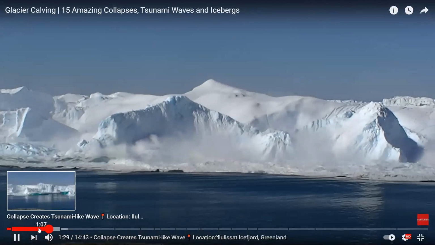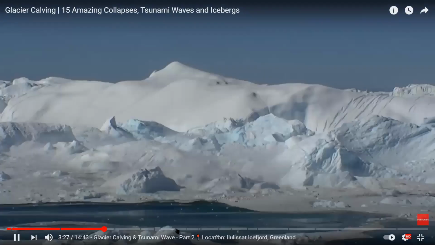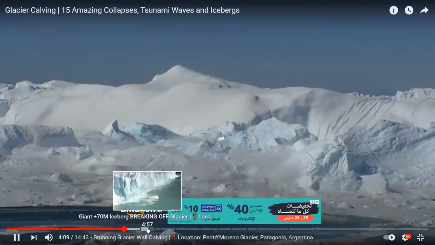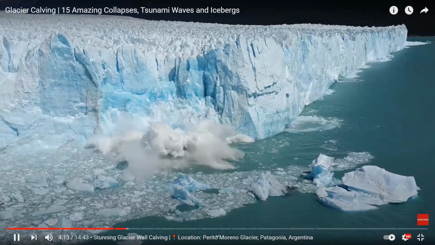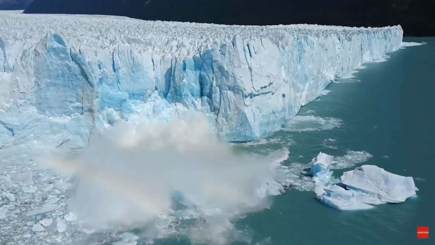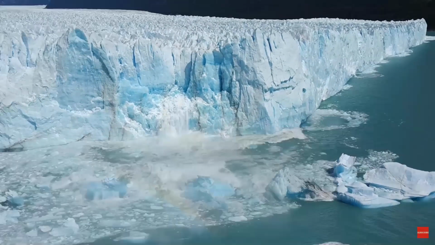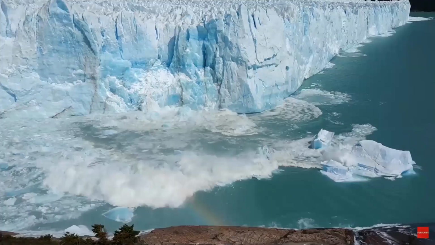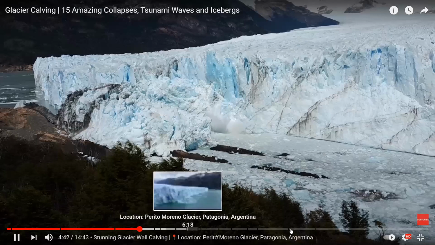Full of ice. These all are glaciers, girls. Huge, huge blocks of ice in the oceans. In Antarctica.